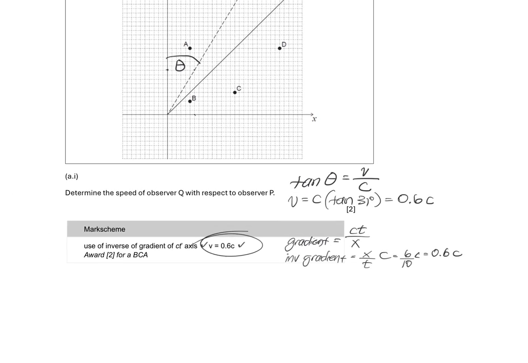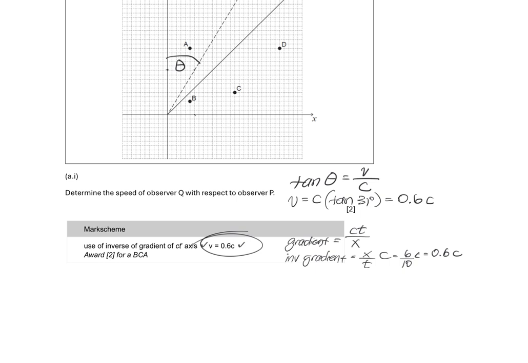Looking at the mark scheme, it kind of does make sense that it says use of inverse of the gradient of the CT prime axis. Gradient would be CT over x, so the inverse gradient would be xc over t, which if you look at it in terms of rise over run, rise over run is 10 over 6, so run over rise would be 6 over 10.